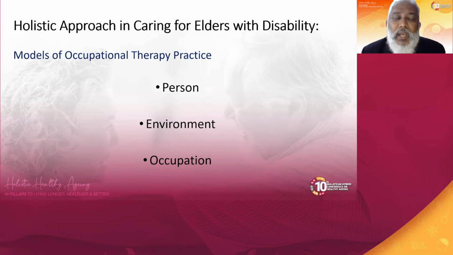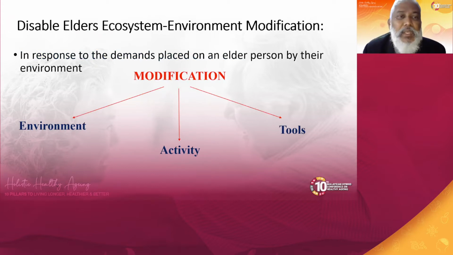So when we talk about a holistic approach, we must take into consideration the person in the environment and what kind of activities they are performing every day. In this case, their environment might be their house or their own room, and mostly the use of the kitchen, washroom, and so on, and some outdoor activities.